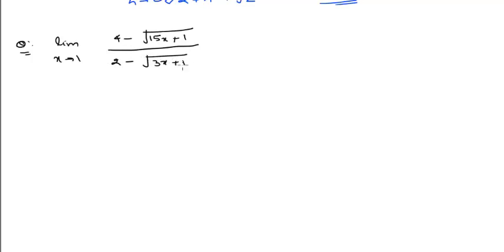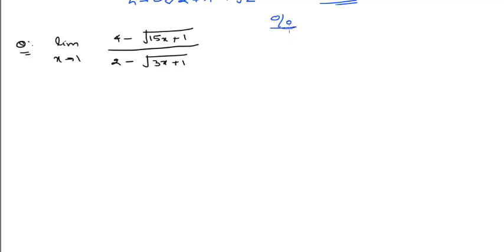Again here, if I substitute x equal to 1, this will be 4 minus under root of 15 plus 1, that will be 16, under root of 16 will be 4. So the numerator will be tending to 0 and the denominator again will be tending to 0. So this will be 0 by 0 form, right or not? Okay, so this is our 0 by 0 indeterminate form.